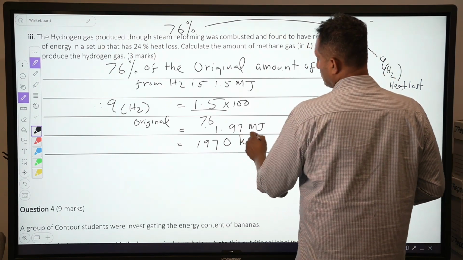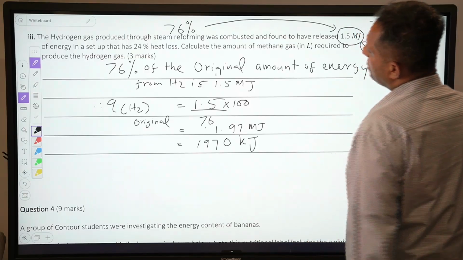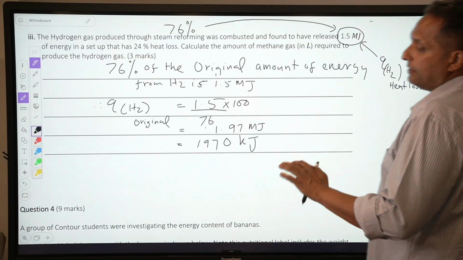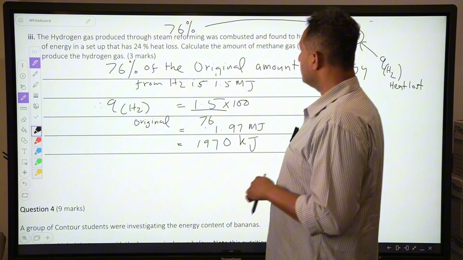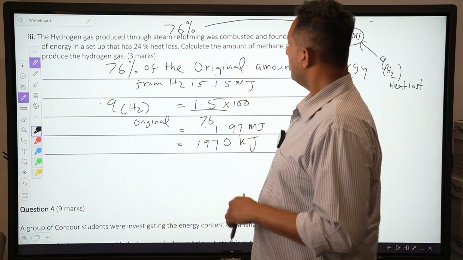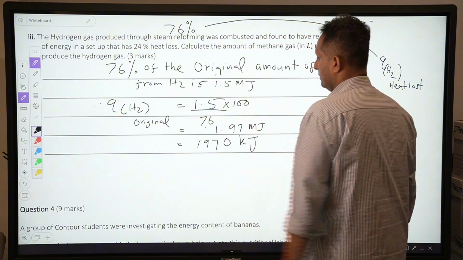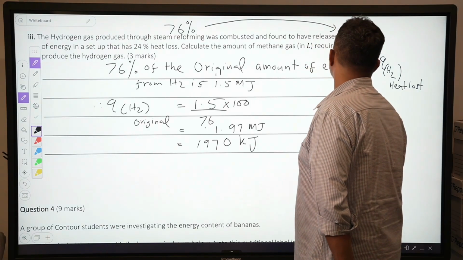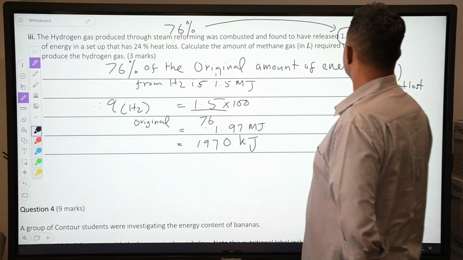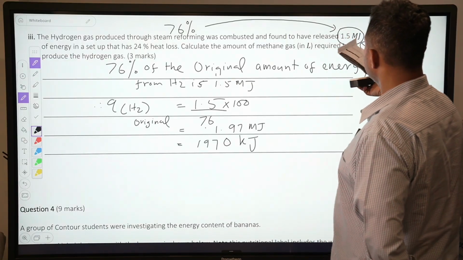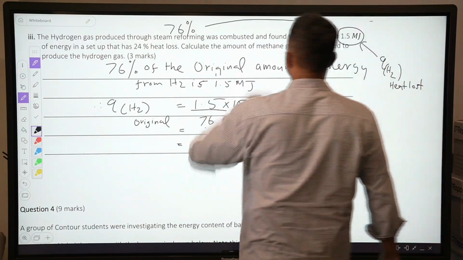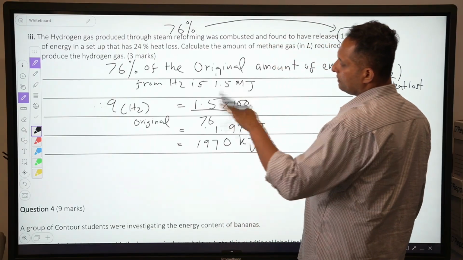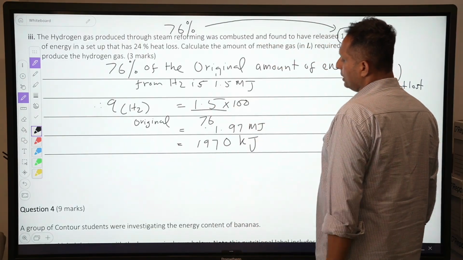This is the kilojoules. So that's the original amount of the energy that hydrogen has released: 1970 kilojoules, not 1500 kilojoules. In this case, that is 76% of that. Now we can do the question.